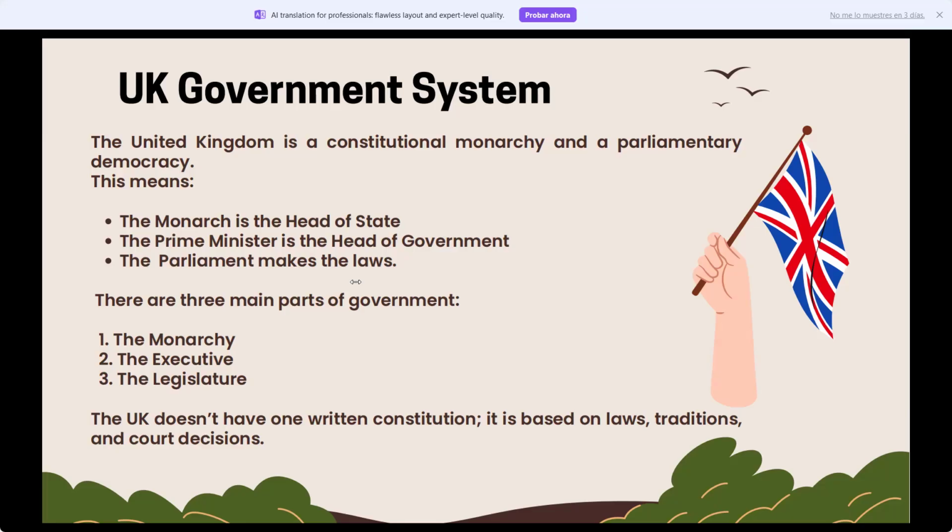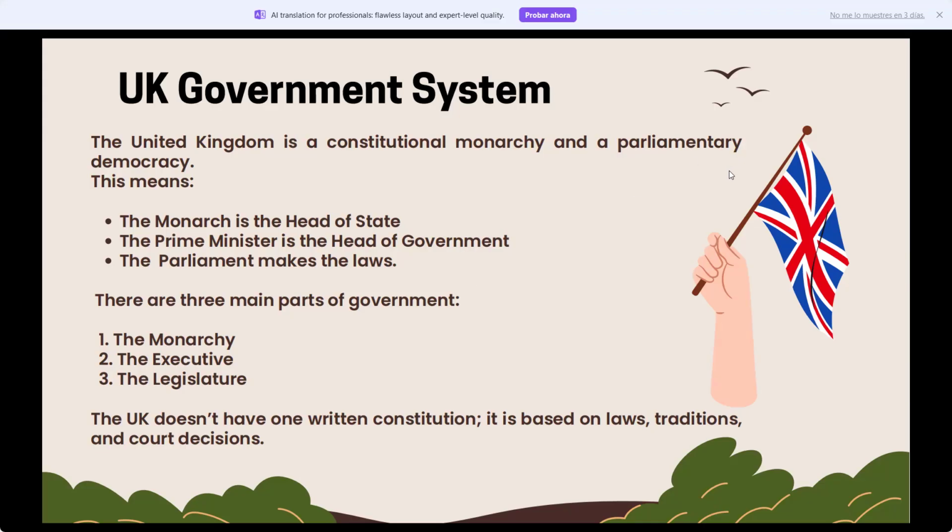They are responsible for implementing laws, managing national services such as health, education, and defense, making policy decisions, and representing the United Kingdom internationally.